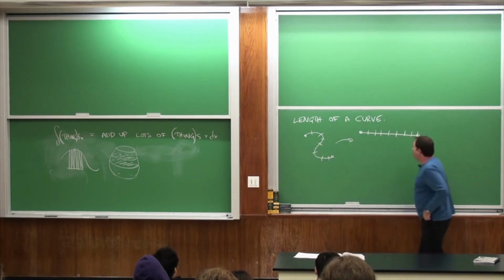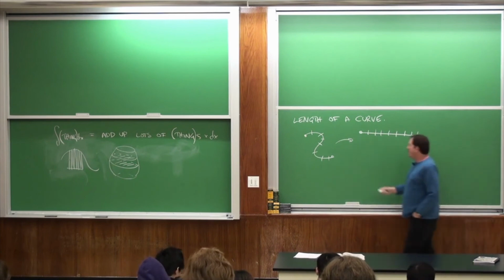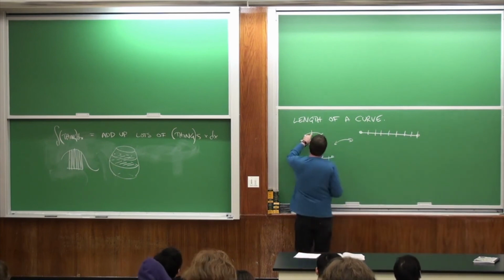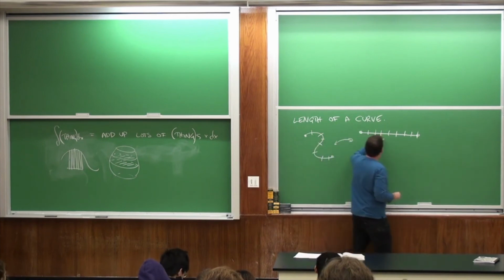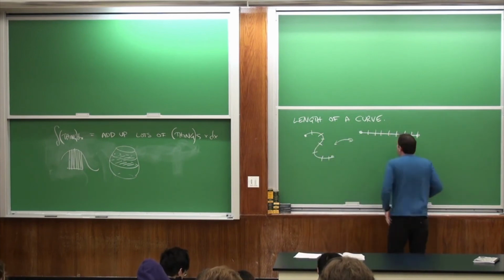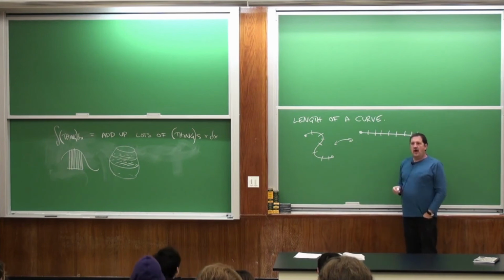I think that's about the same amount. Right? So I can just measure here. So this is 1, 2, 3, 4, 5, 6, 7, 8. So this thing is 8 of those long.